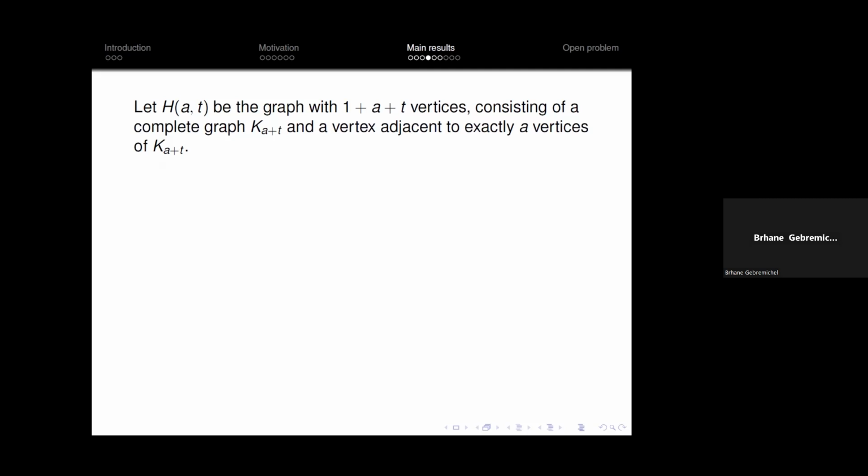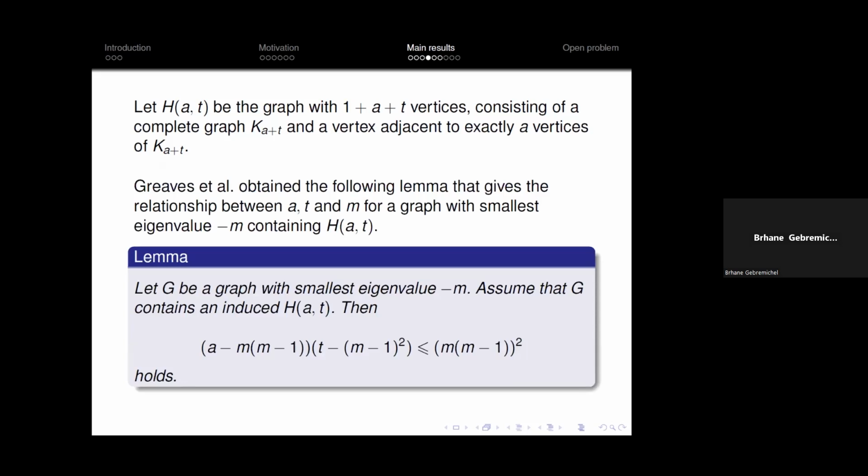Let hat be the graph with 1 plus A plus T vertices, consisting of a complete graph K on A plus T vertices and a vertex adjacent to exactly A vertices of the complete graph on A plus T. Then Graves, Cullen, and Park give the following lemma that gives the relationship between A, T, and m for a graph with smallest eigenvalue negative m and containing this hat at AT.